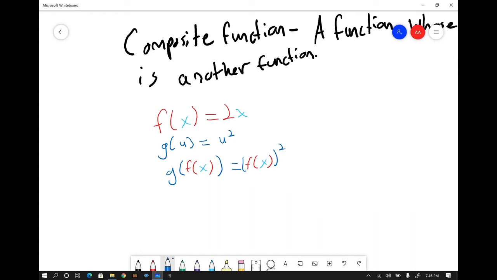And as we know, f of x is equal to 2x, so we'll have 2x squared, and in the end, this is equal to 4x squared.